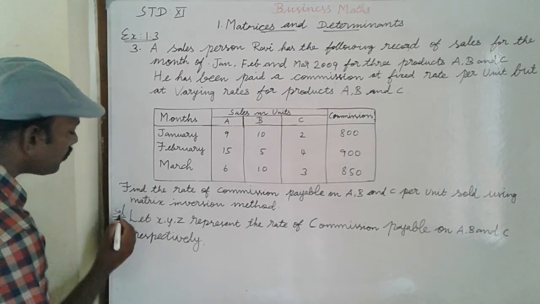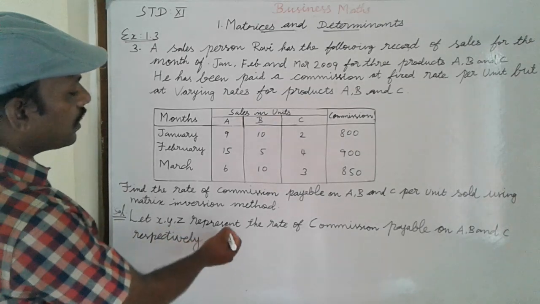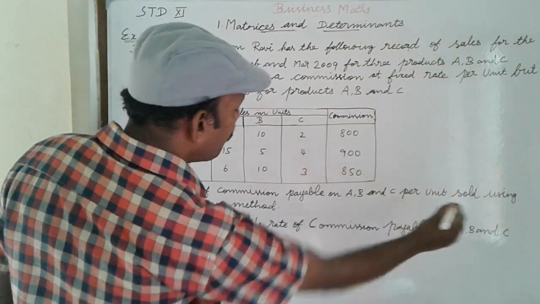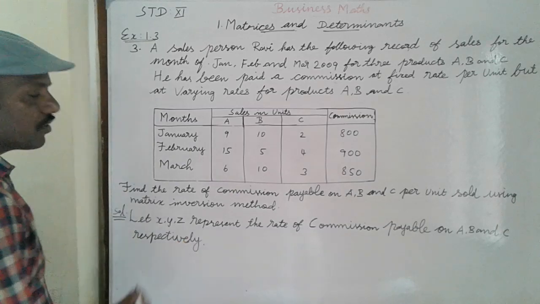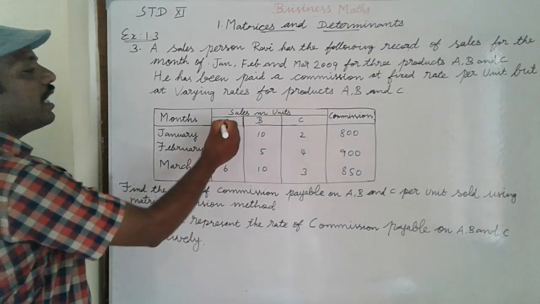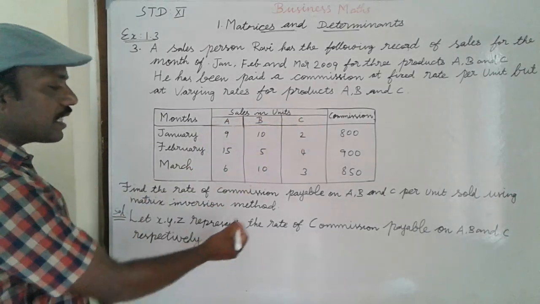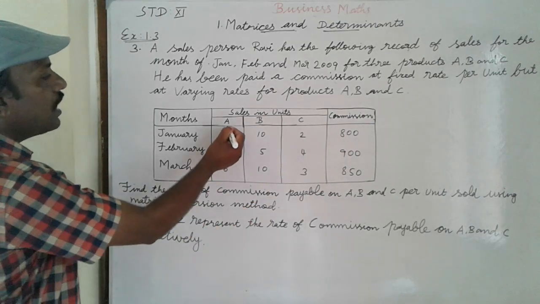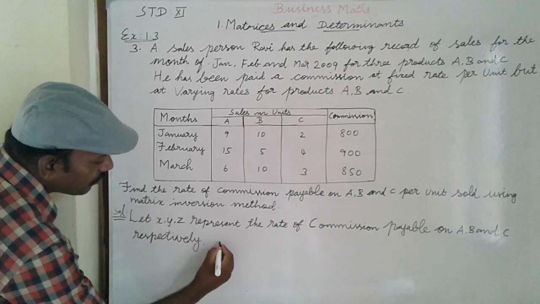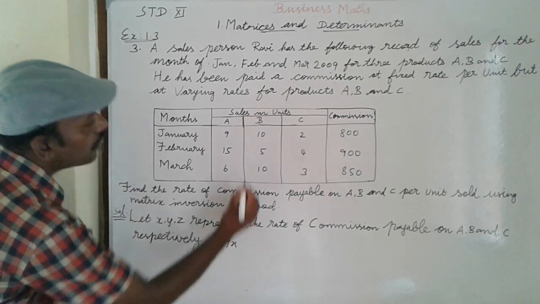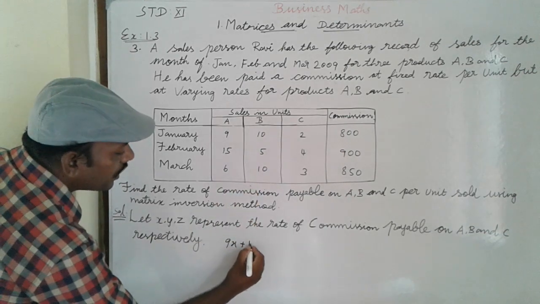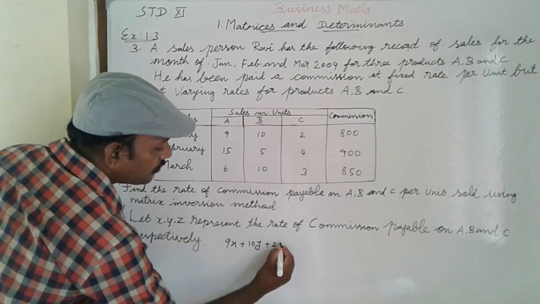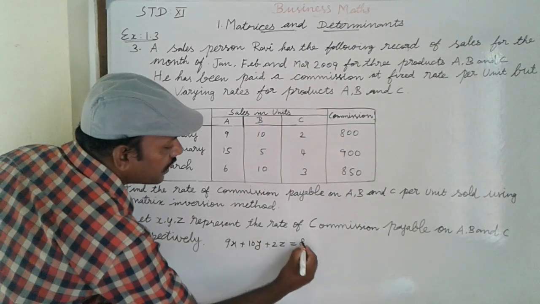Solution: let x, y, z represent the rate of commission payable on A, B and C respectively. So for A, B, C we should take x, y and z. The first equation: 9x plus 10y plus 2z equal to 800.